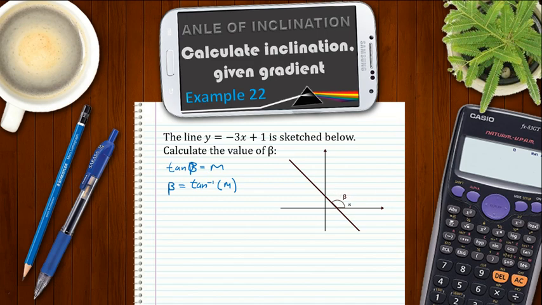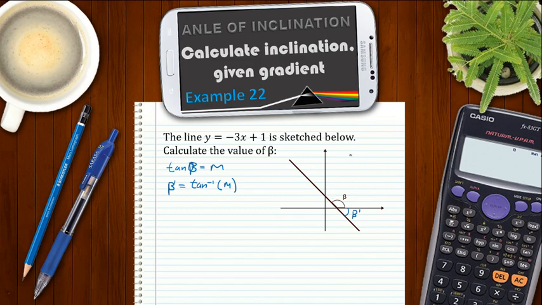So what you're actually not going to get is beta, you're going to get this angle over here, and we can call that beta 1, just for calculating that. And then after that you have to find beta. You can either use angles on a straight line, but I'll show you a very simple way: since this is a negative value, we just add 180, and that would give us the value of beta.